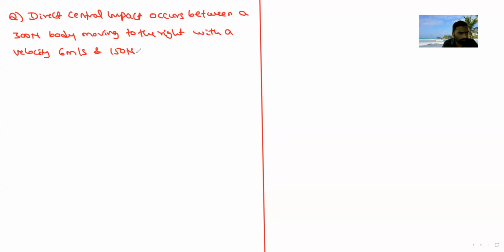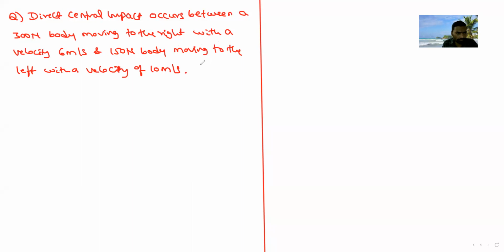a 150 Newton body moving to the left with a velocity of 10 meter per second.